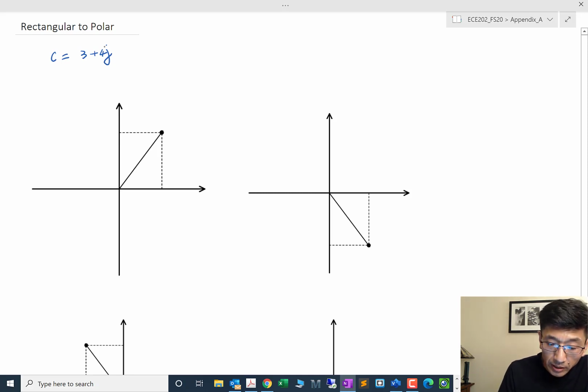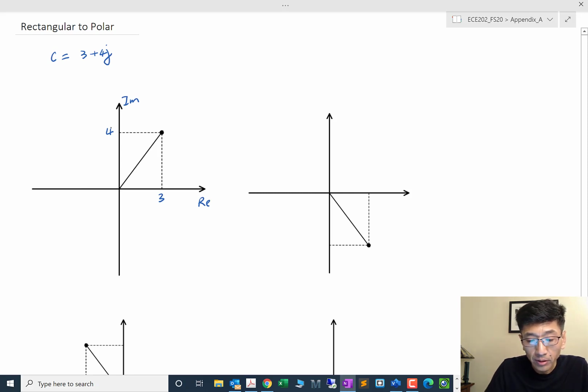So in this case, this C would be in the first quadrant, right? This is the real axis, this is the imaginary axis, and I have 3 as the real part and 4 as the imaginary part. So in this case, I will find R. R is easy, right?